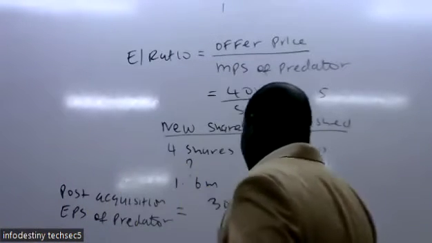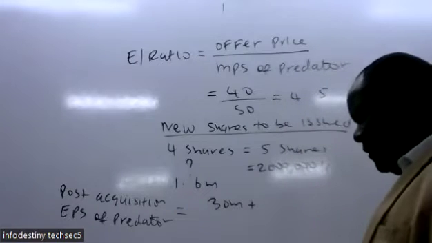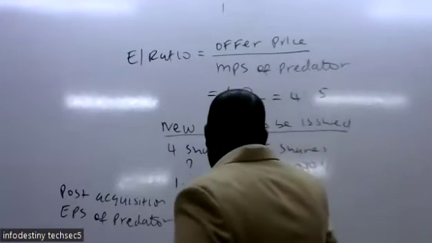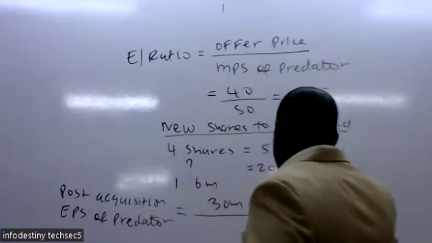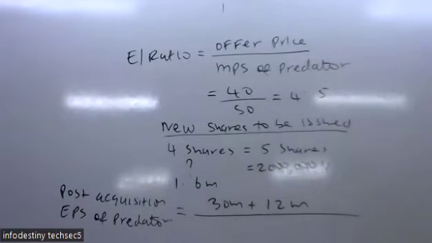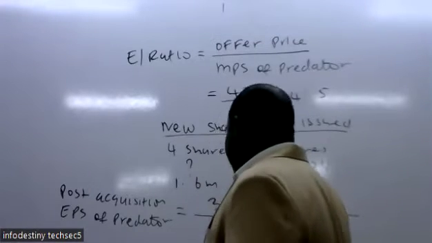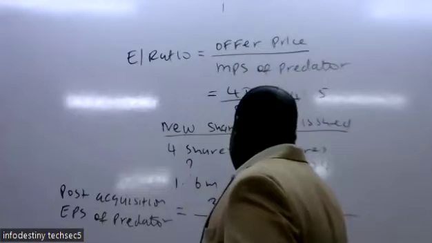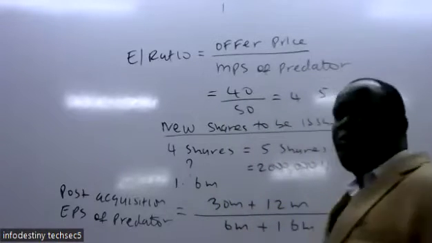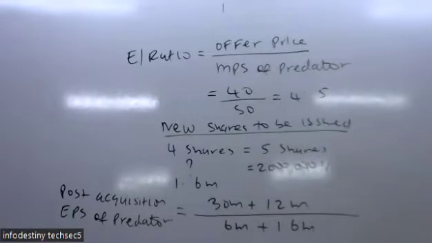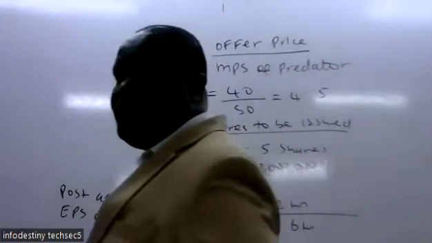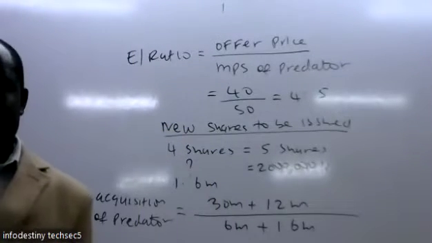The one for Rocker is 12 million. Then we divide by the shares. How many shares are there for Chilulu? Ordinary shares for Chilulu is 6 million plus the new shares to be issued, which you have calculated as 1.6 million. So now you compute, so that we come up with the post-merger earning per share of the aggregator.